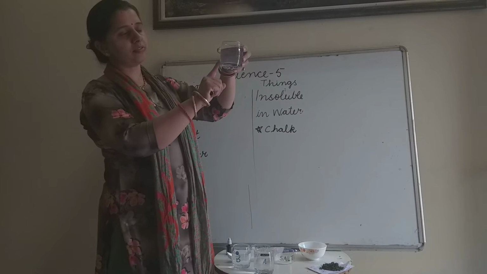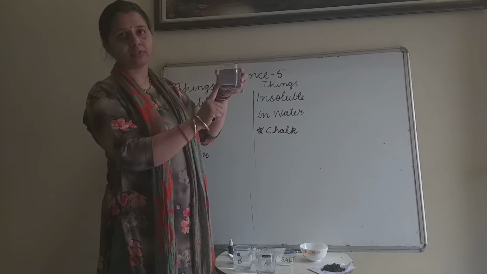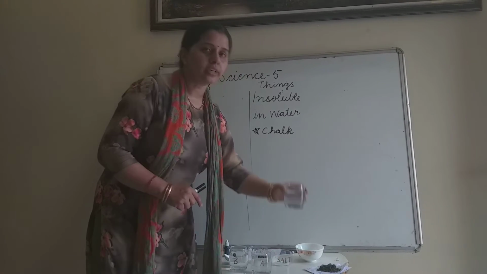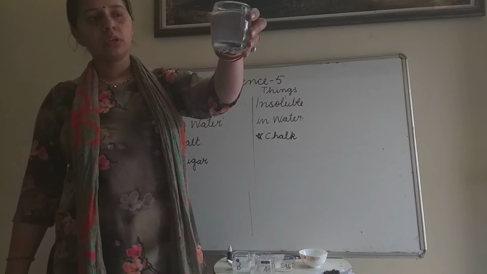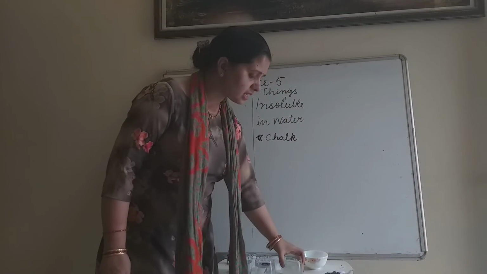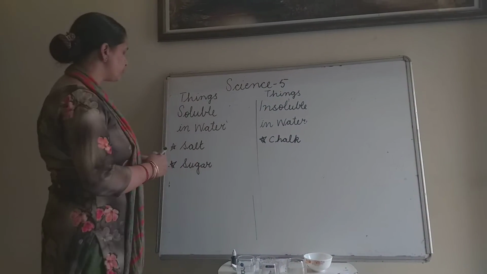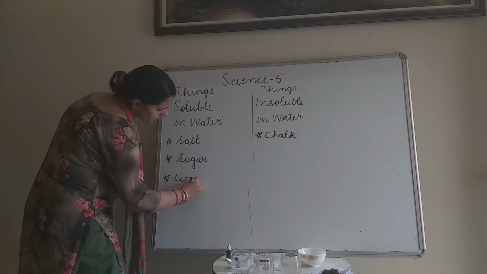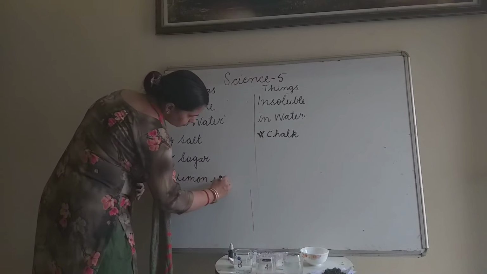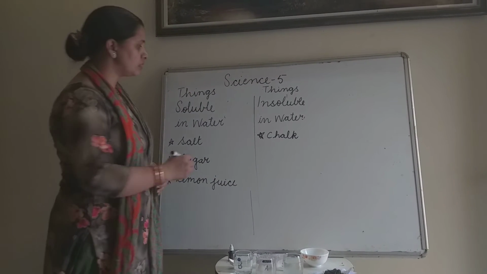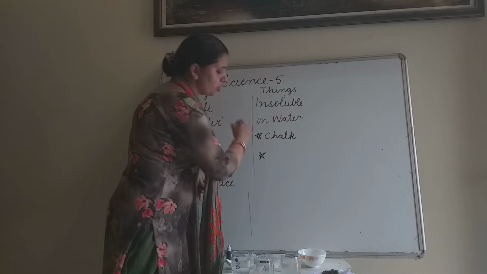This is a pulp of lemon juice, but lemon juice has dissolved in water. So lemon juice is soluble in water. You can see lemon juice and you can do this at your home. You can take these things and you can do. So lemon juice dissolved in water.